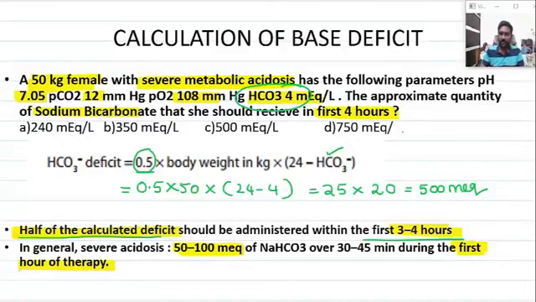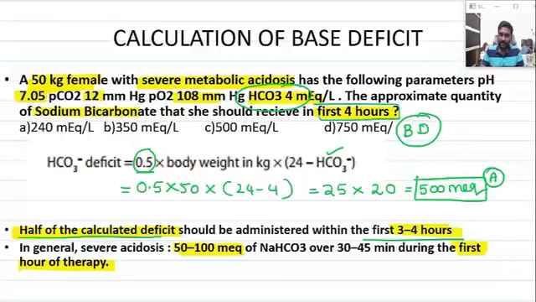If in the question they ask what is the patient's base deficit, the answer will be 500 milliequivalents. If they ask how much can be given during the first 4 hours, it should be half of this. So 500 by 2 in the first 4 hours.